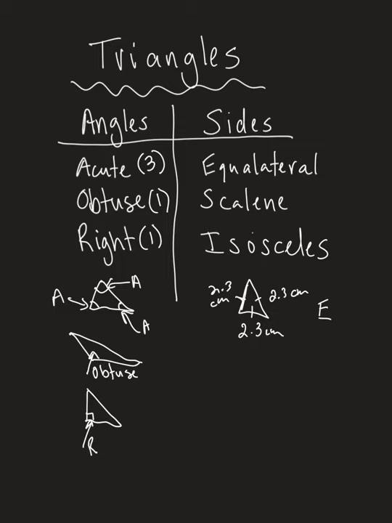Okay? Then the next one is scalene. Scalene is when they're all different. So this one could be 2.3, this one could be 4.6, and this one could be 6.3. Okay. Remember, they're going to try to give you decimals as numbers.